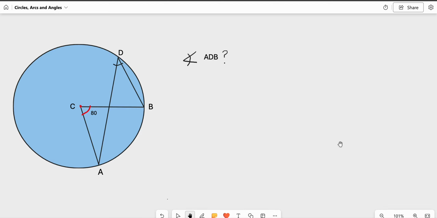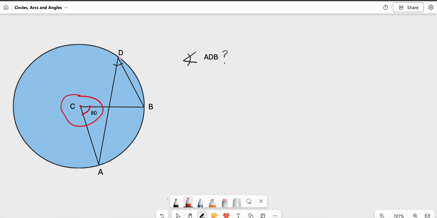No matter how complicated a drawing might be, always try to identify and isolate the angles that you are being given. Now, for example, in this example here, we have two different angles. If you look at this angle here, what type of angle is this? Yes, exactly. This is a central angle.